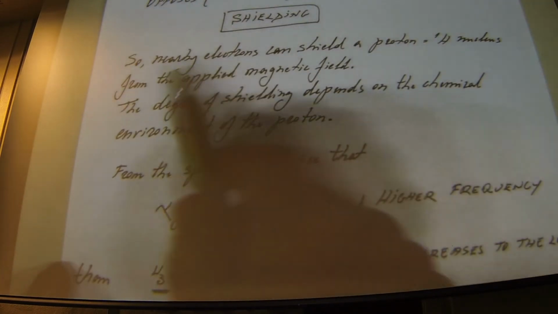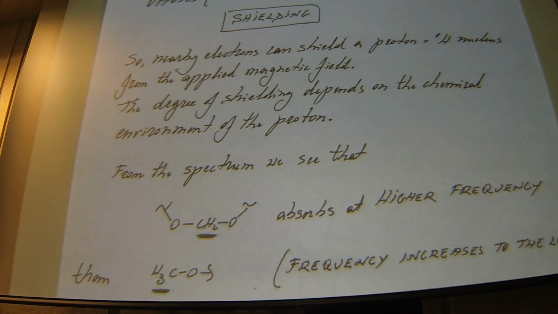So just to recap, nearby electrons can shield the proton from the applied magnetic field. So if I have high electron density near the proton that I'm looking at, that proton is going to require a stronger magnetic field, it's going to require a higher frequency to come into resonance.